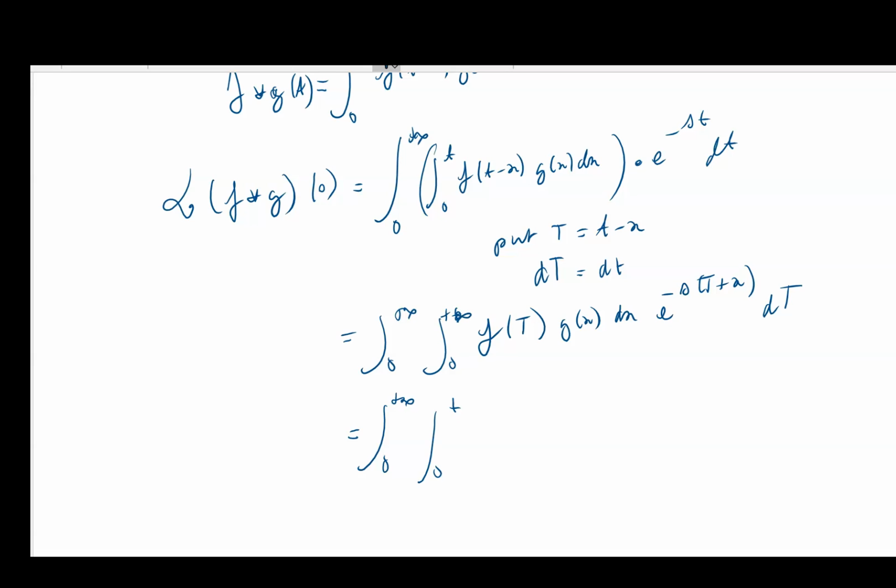I'm sorry, that's a bit vague, but in the end we're going to get e to the minus sT, and we're going to get g of x e to the minus sx dx dT.